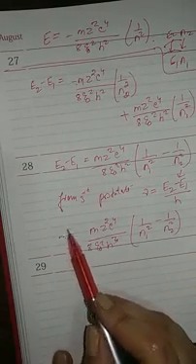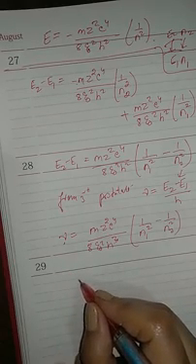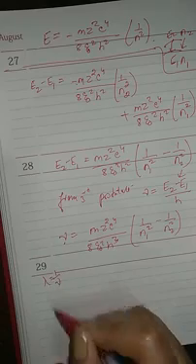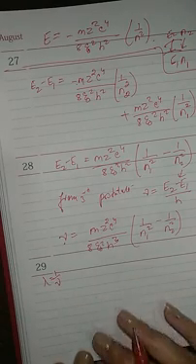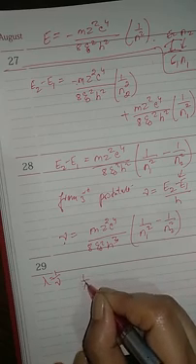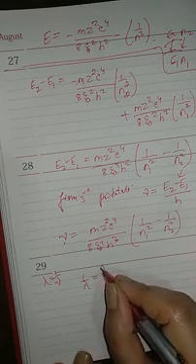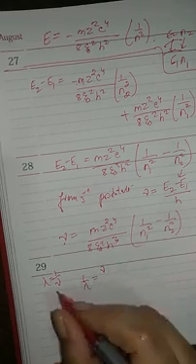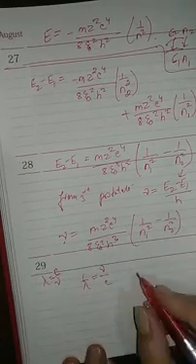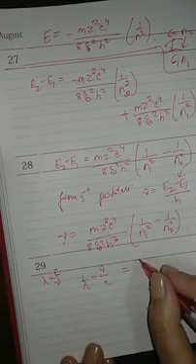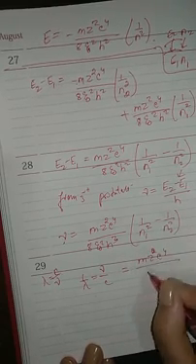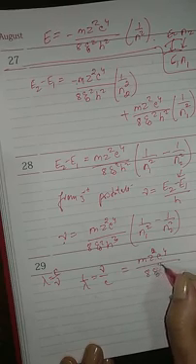Now if this is frequency, then wavelength lambda is equal to c by frequency. So 1 by lambda is equal to nu by c, which is equal to mz square e to the power 4 divided by 8 epsilon naught square.